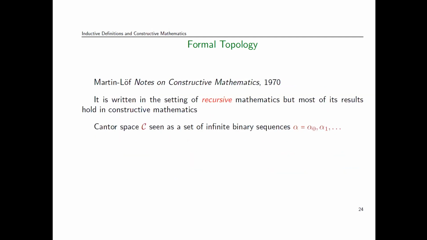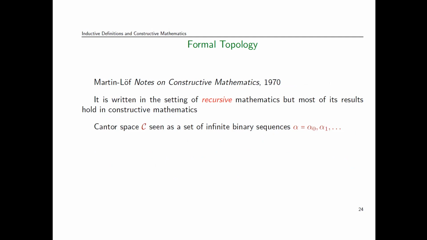And this is beautifully presented in the book of Martin-Löf, Notes on Constructive Mathematics. This book is written in the setting of recursive mathematics, but most of the results hold in constructive mathematics, so you can read the book having in mind type theory with inductive definitions.